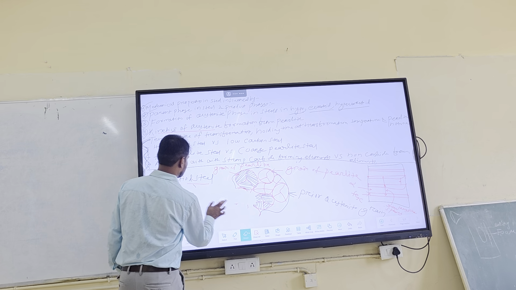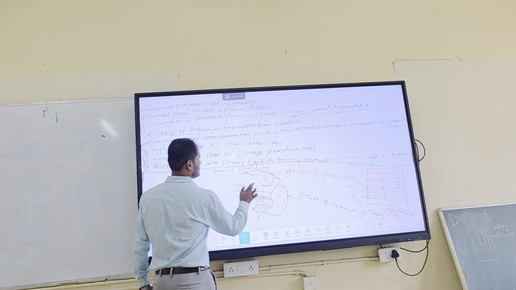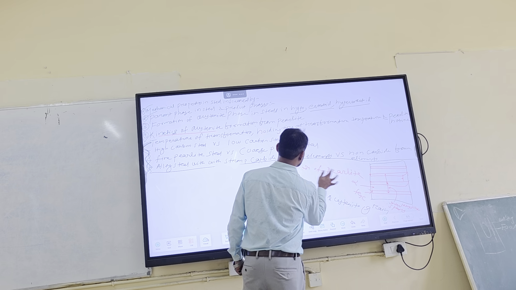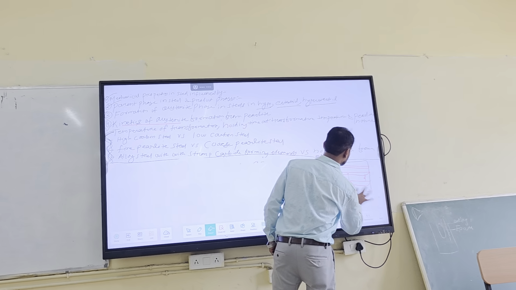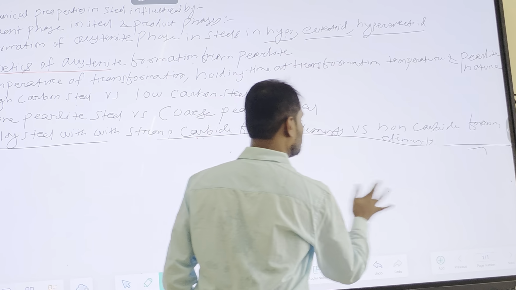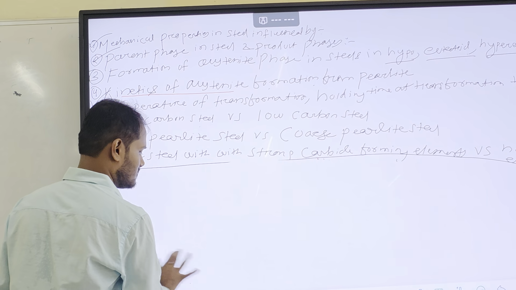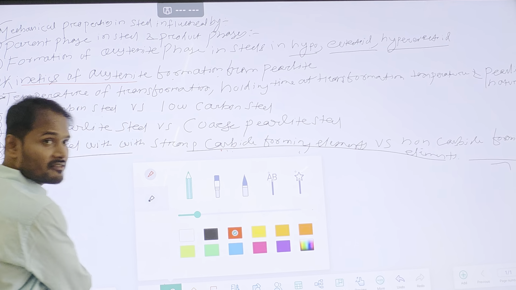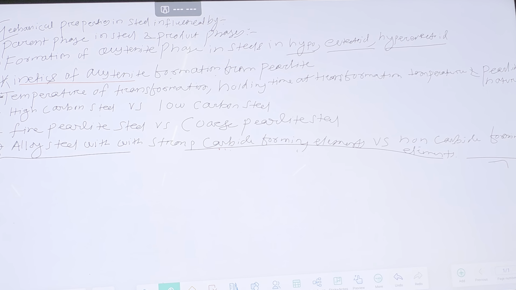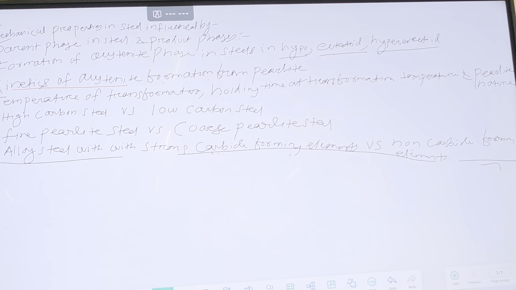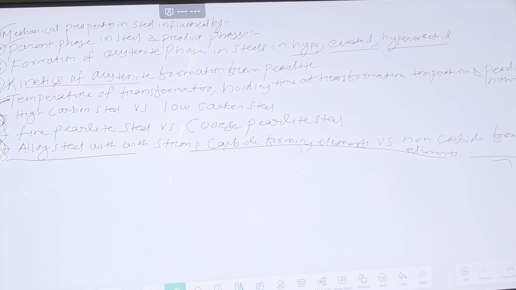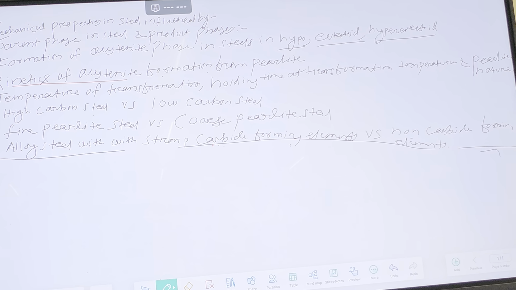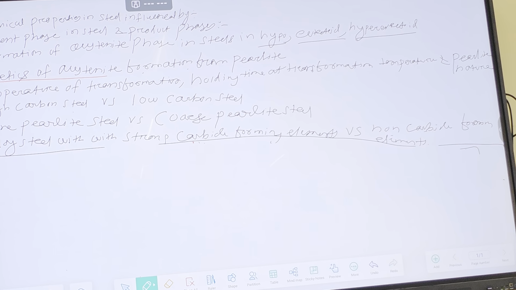What are the three factors? See the factors affecting kinetics of formation. One is the temperature, the predetermined temperature. One is the holding time at the predetermined temperature, and finally the nature of pearlite. These are the three things which will decide.